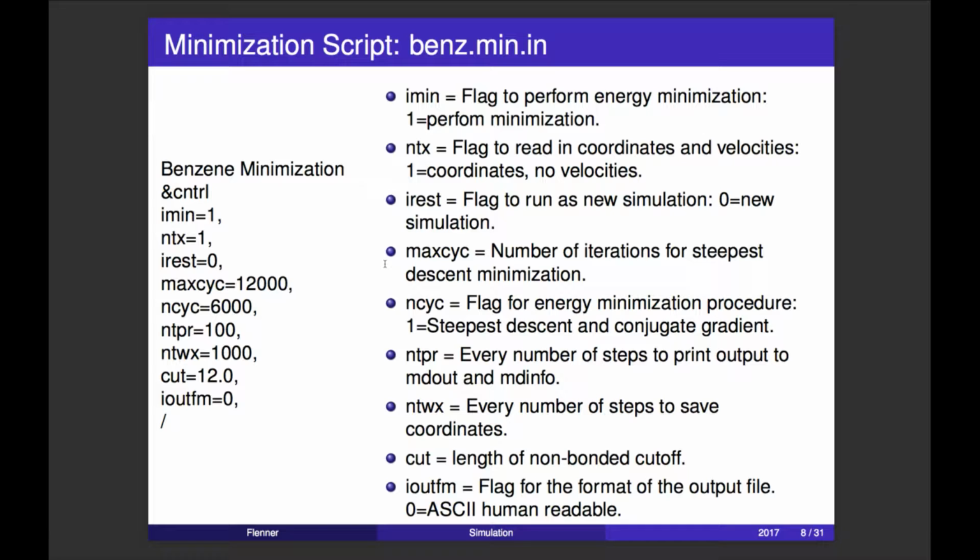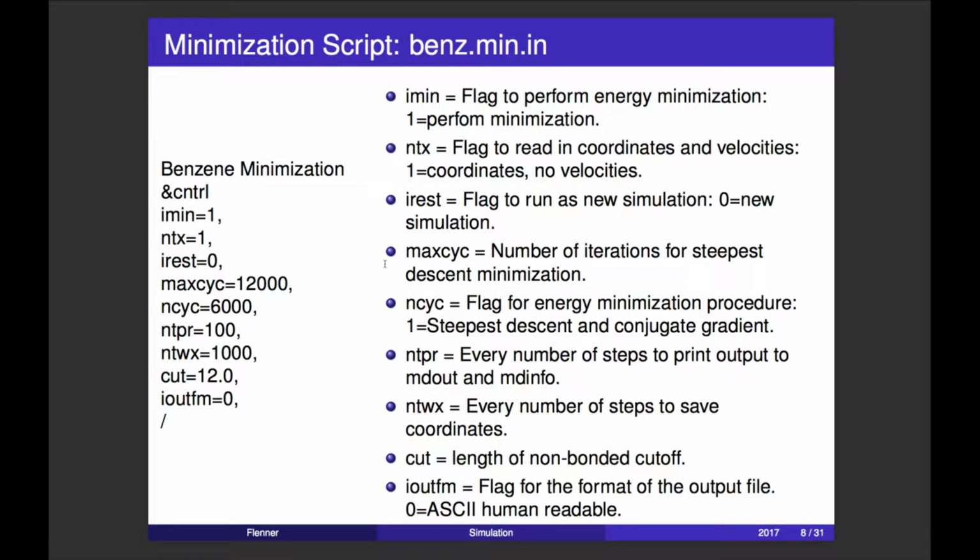There's many ways to do energy minimizations. This one we're doing what's called a steepest descent, which all it is, if you have a potential energy surface, these potential energy surfaces depend on the 3N coordinates of the atoms in your system, so they're very complicated, very huge, very hard to visualize.